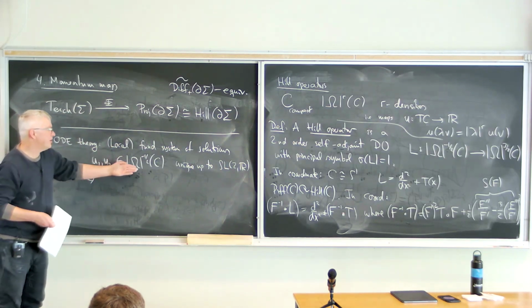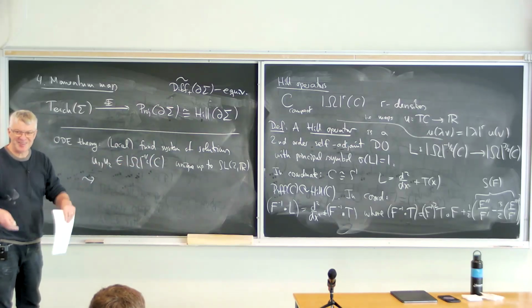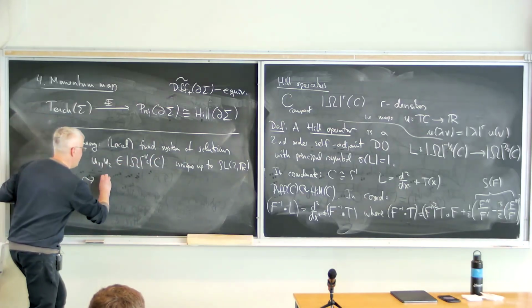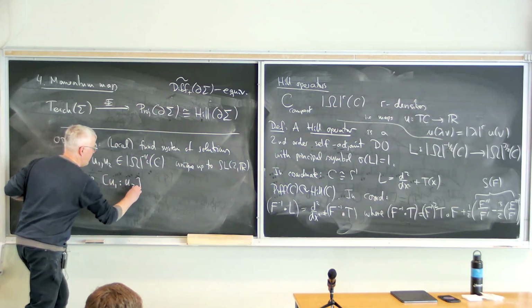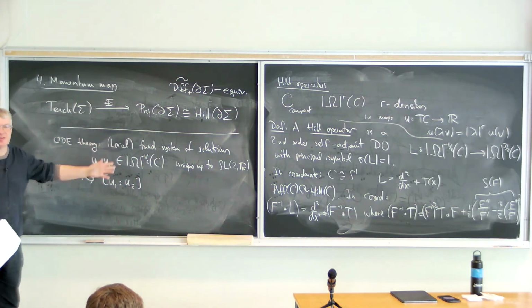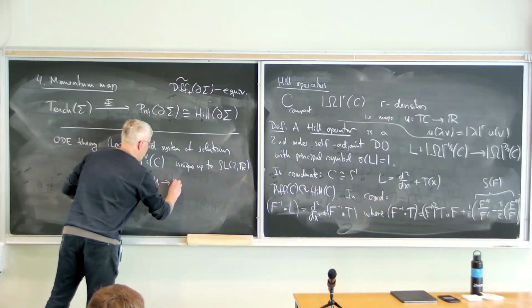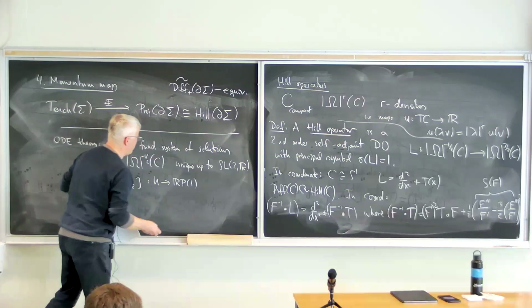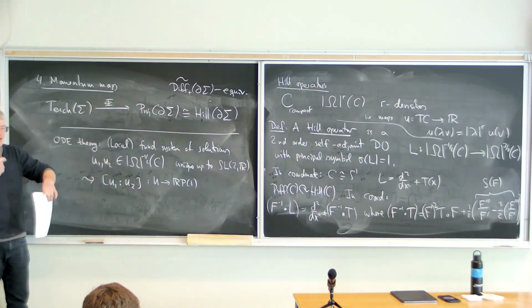And okay, they take values in -1/2 densities, but if you look at the ratio, that's well defined as a function taking values in RP1. Because again, by ODE theory, these two solutions never vanish at the same point.